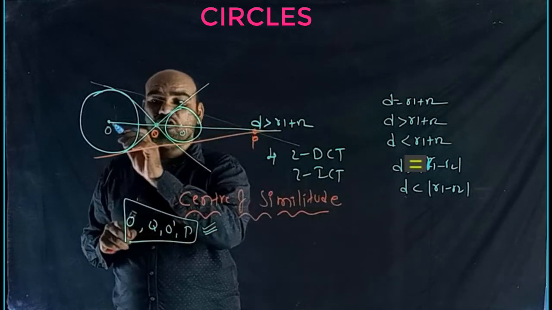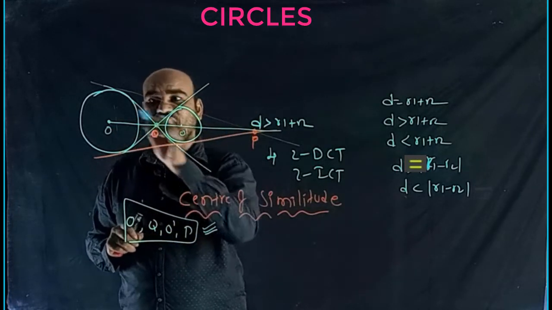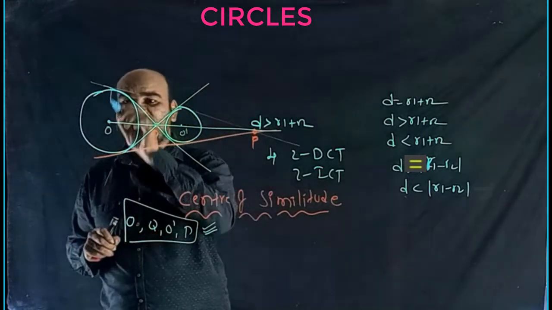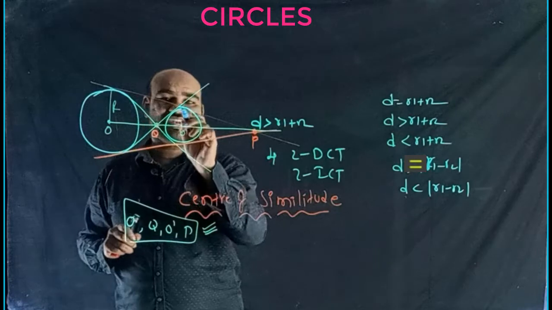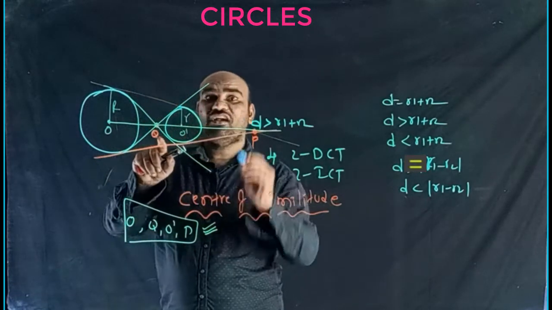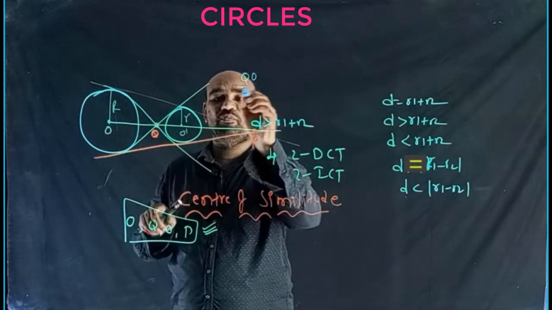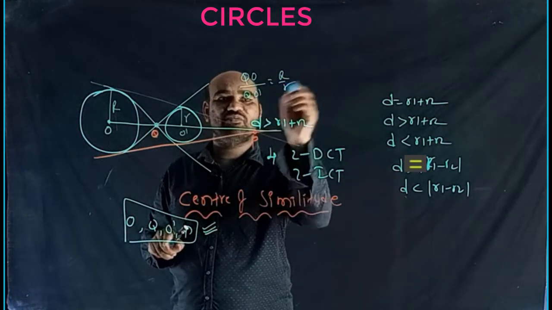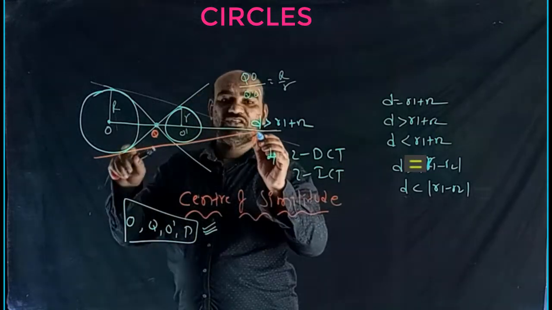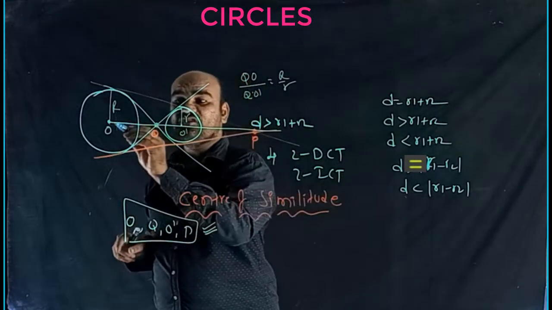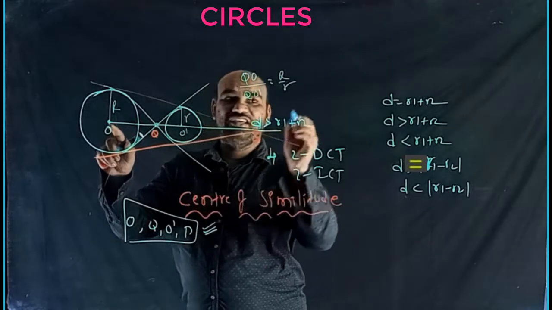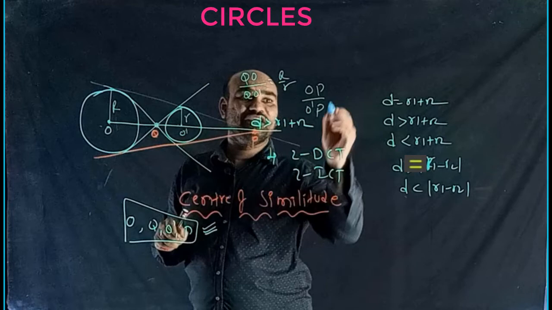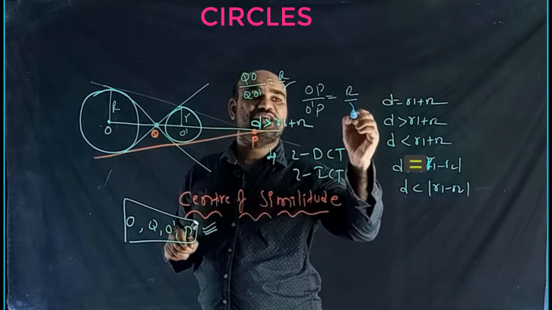Means QO by QO dash is this circle's radius divided by this circle's radius. For example, if this circle's radius is capital R and this circle's radius is small r, then according to the theorem, QO by QO dash is capital R by small r. Similarly, P divides the line segment joining the centers externally, and OP by O dash P is also equal to capital R by small r.